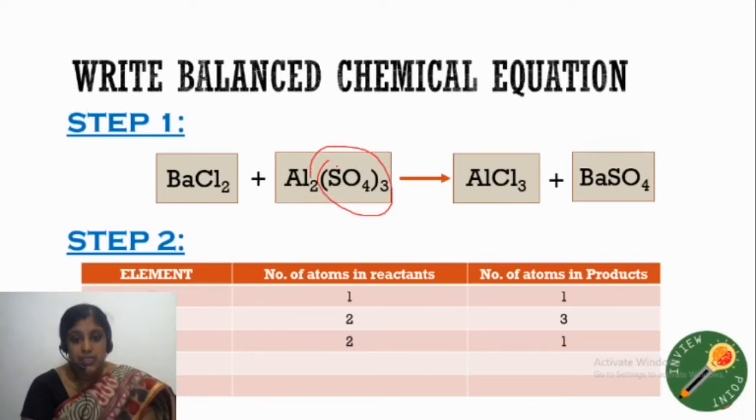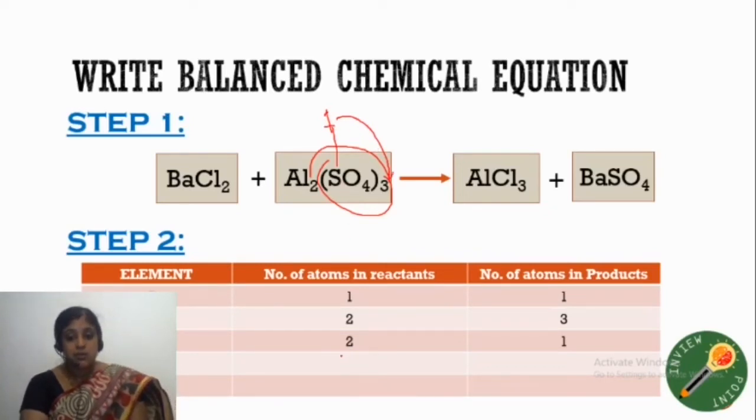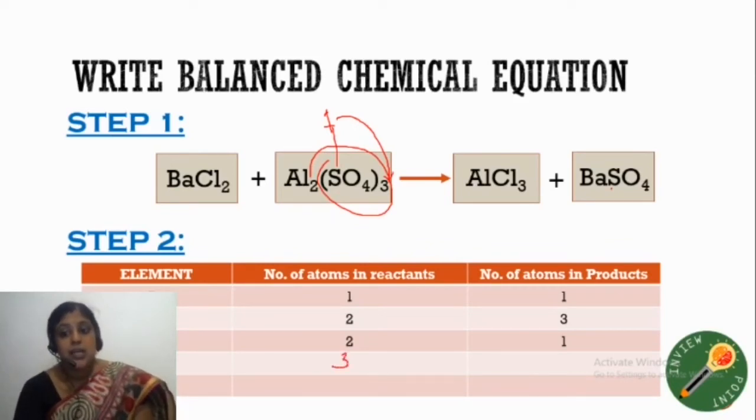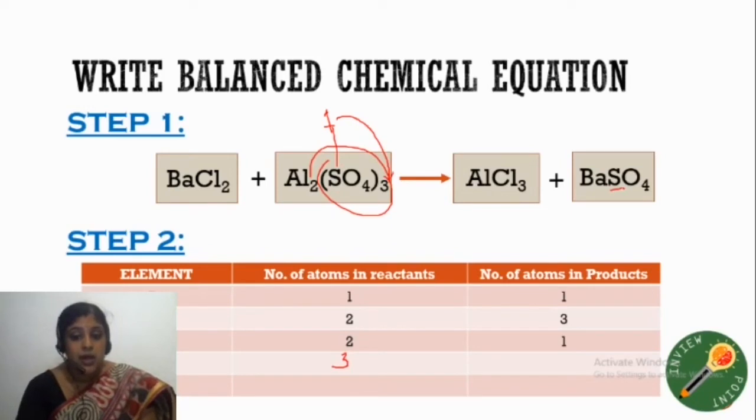Inside the bracket there is only one sulfur atom, then it is given thrice, so multiply this 1 with 3. 1 into 3 is how much? 3. So there are 3 sulfur atoms in the reactants, and there is only one sulfur atom in the product.